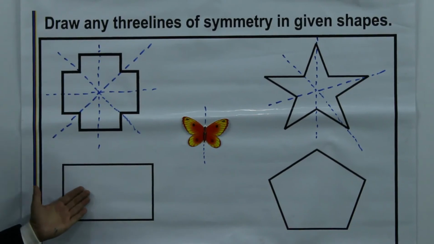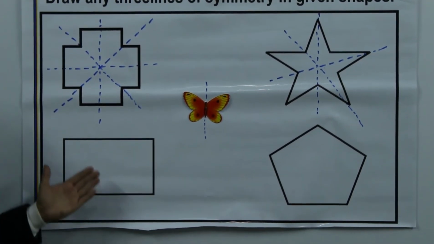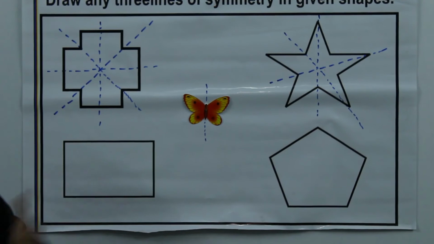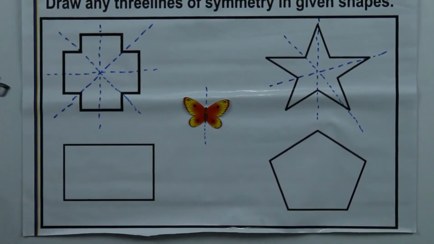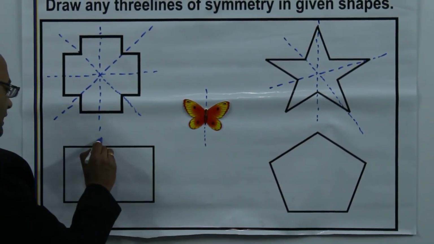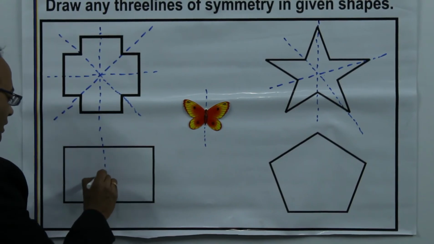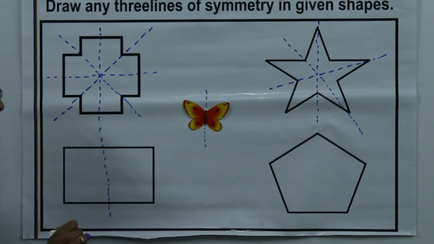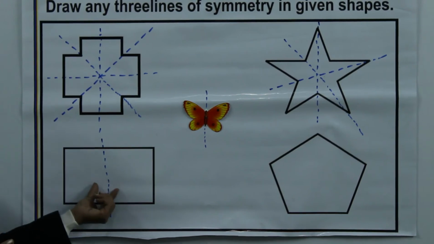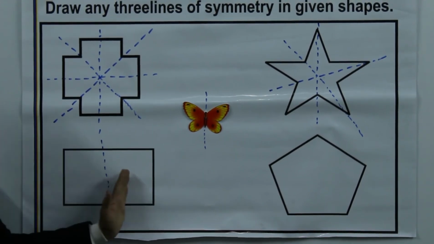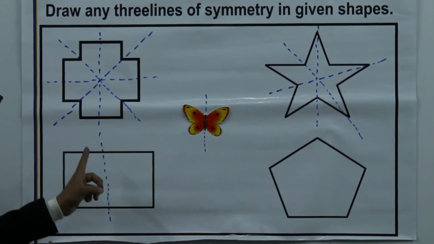Look at here. It is a rectangle. We can draw many lines of symmetry. Look here. This line is a line of symmetry because this line divides it into two equal parts.